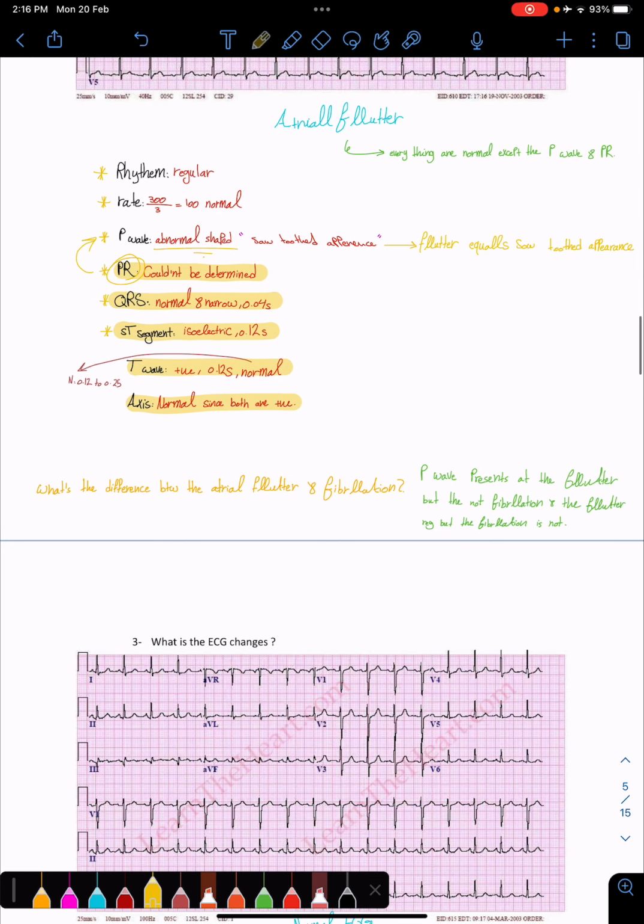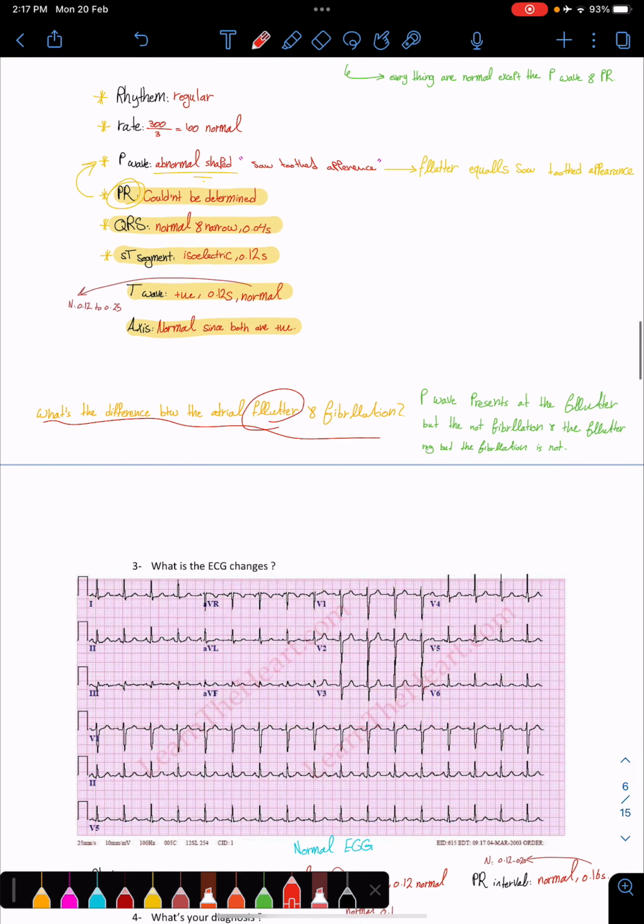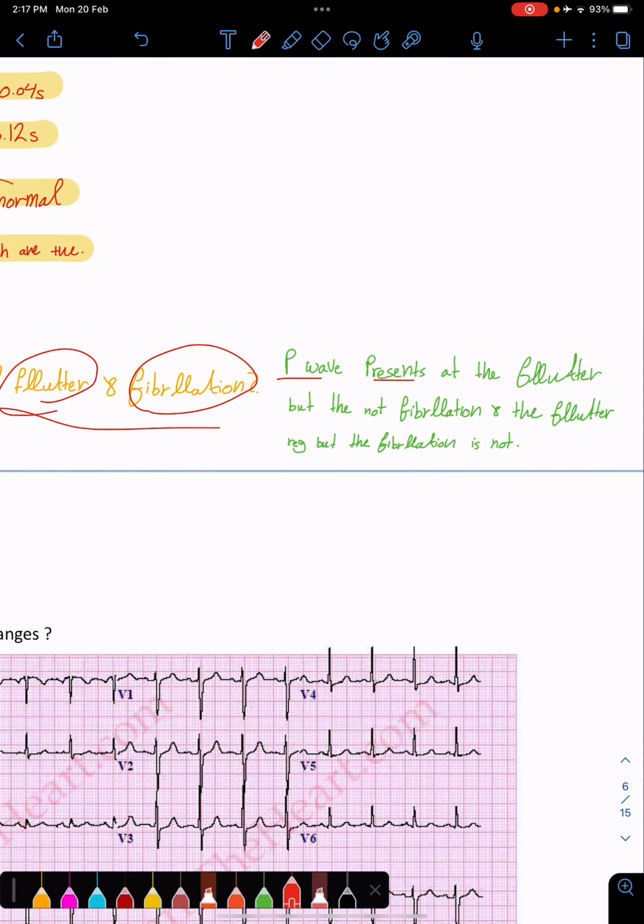So here's a question: what's the difference between flutter and fibrillation? The P wave is present in flutter but not in fibrillation. I told you how to remember this by appreciating those T's, that tooth.